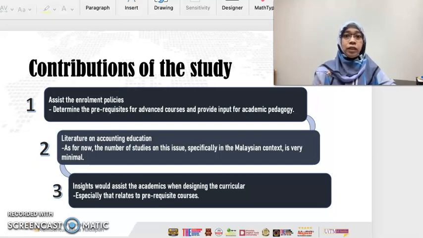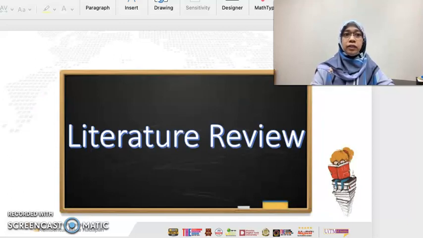It can also be used in the Malaysian context because currently the study in this area is very minimal, and it will provide insights that would assist academics in designing their curricula, especially those relating to prerequisite courses.